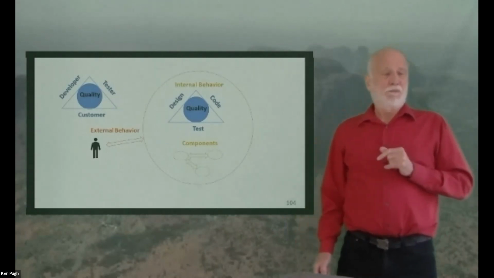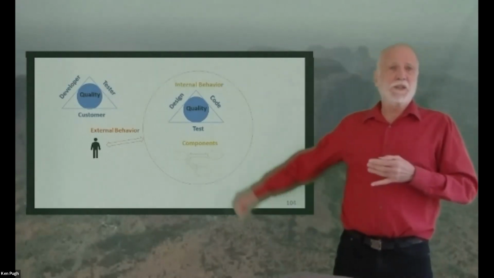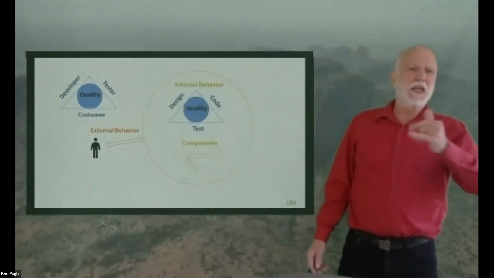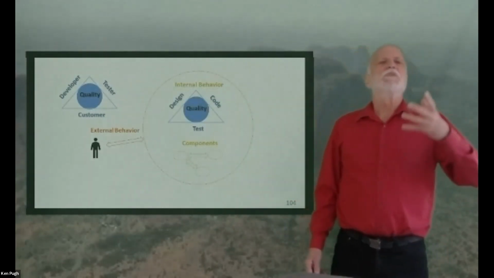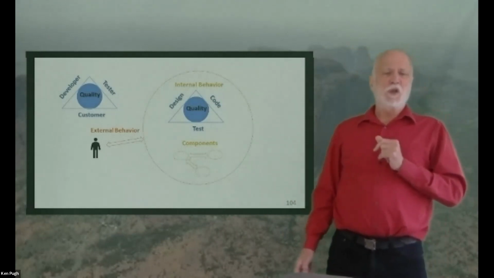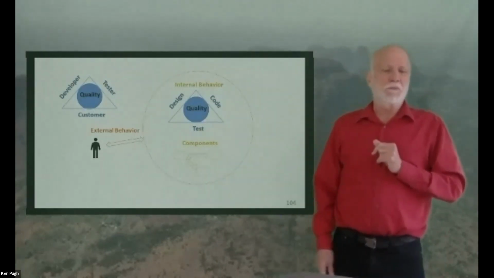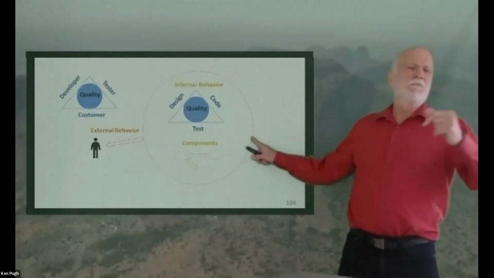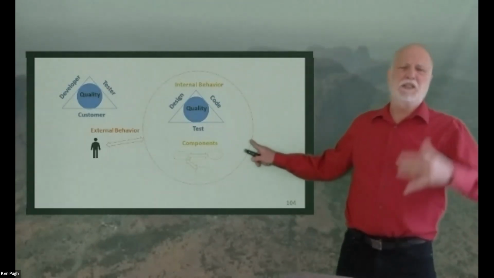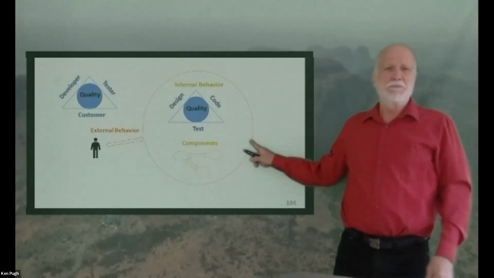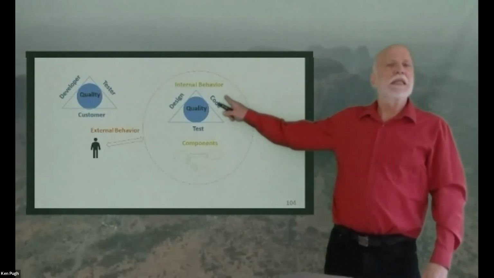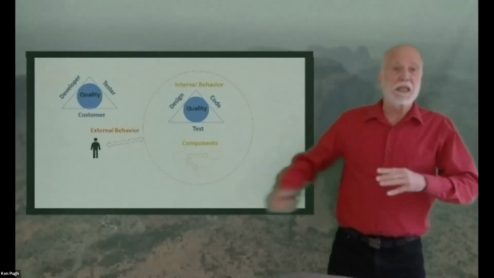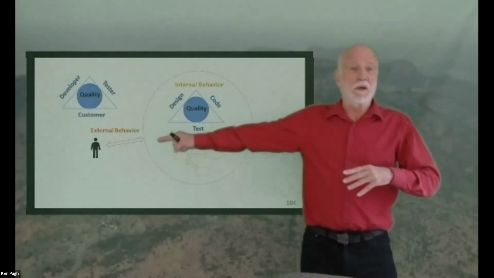So how does it work with internal tests? Well, in the external world, we have our triad, developer, tester, and customer, deciding on what the external behavior should be. And then inside, we have all these components: classes, functions, methods, APIs, you name it. And that's the internal behavior that in its composite produces the external behavior.